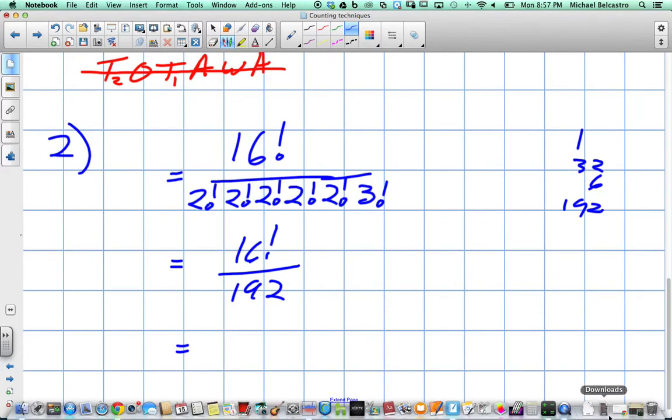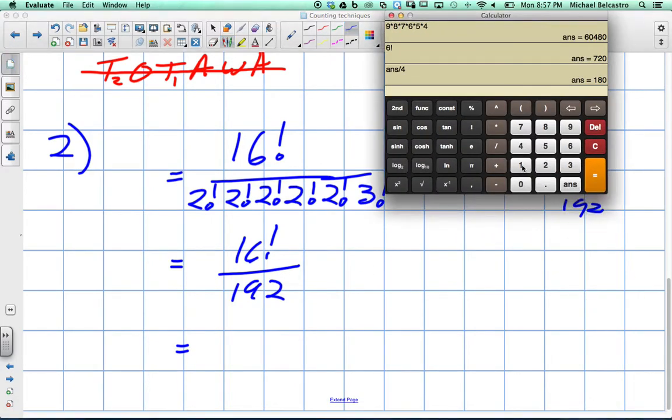Should probably check that, so let's take our calculator. 16 factorial divided by 192. Oh my gosh, it is still a massive, massive number. Essentially what it's saying is it goes to 11 decimal places.